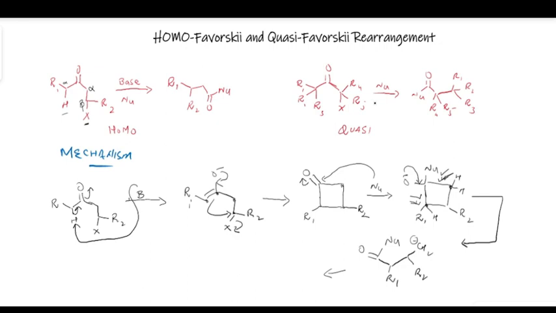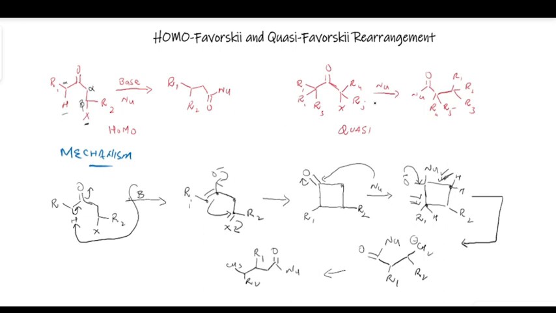And this carbanion will then take up a proton from the solution to stabilize itself and form a stable product, which would look like this. So the CH2 is converted into a CH3. So this is Homo Favorskii rearrangement, which goes through a cyclobutanone intermediate rather than a cyclopropanone intermediate, as we saw in a normal Favorskii rearrangement.